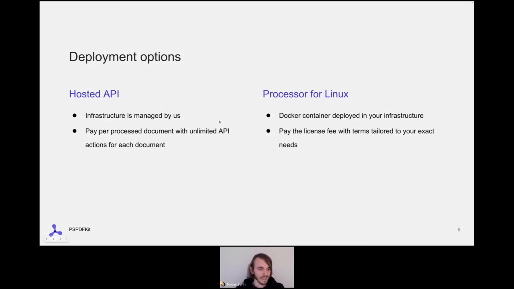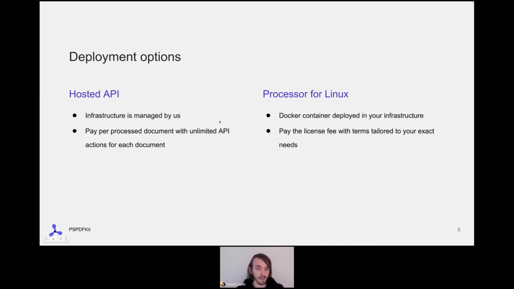In case this approach, with the whole infrastructure being handled by us, is not suiting your needs, for example, most often because of security or privacy considerations, you don't want to hand your documents to a third party, or reasons like this. Also reasons like you are not happy about the per-document pricing and you are willing to handle the infrastructure yourself.